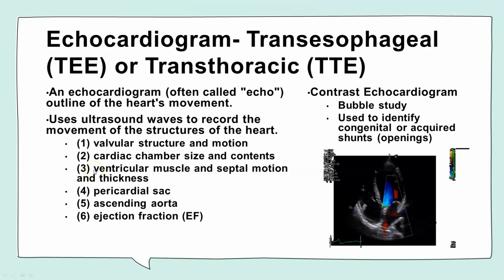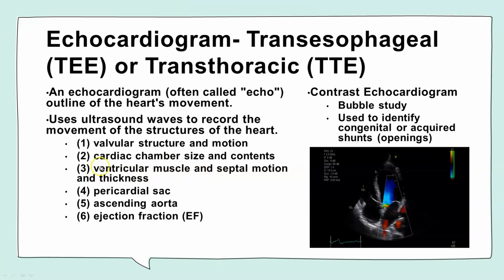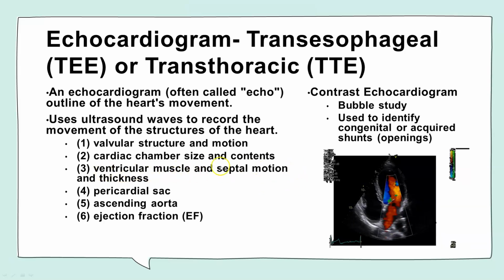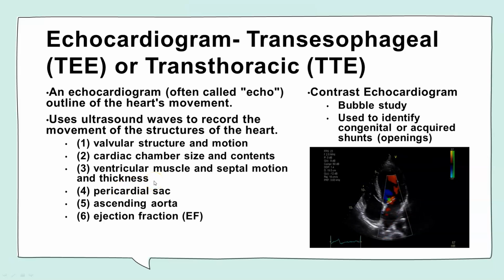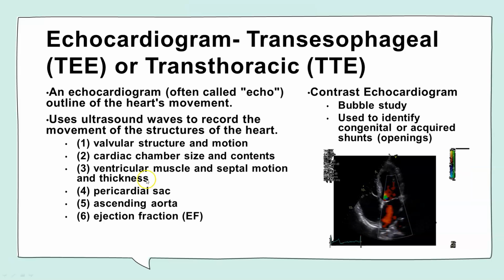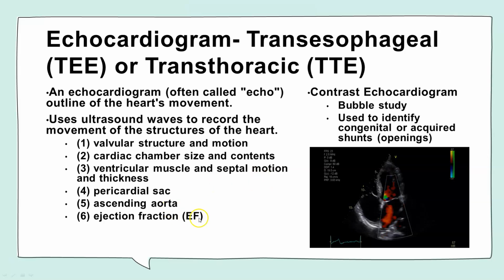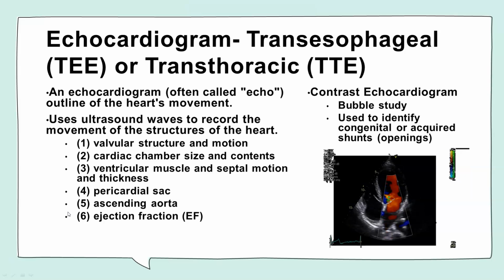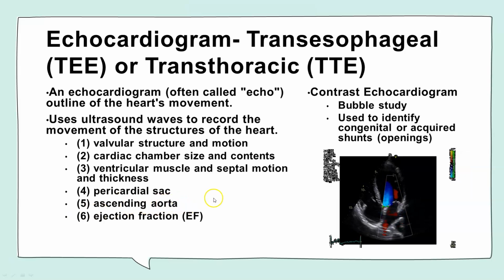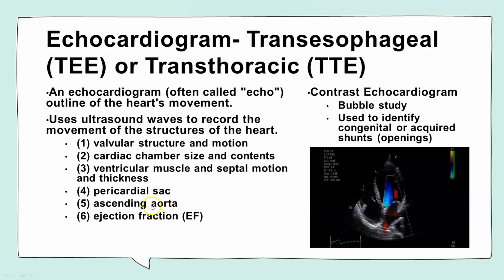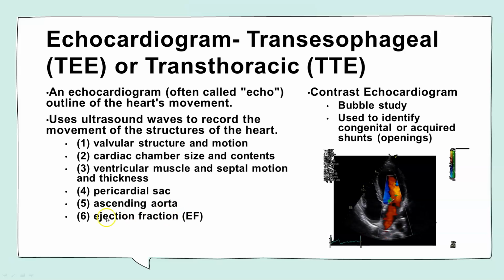If you have any kind of cardiomyopathies that involve an enlargement of the ventricular muscle, I can see that, as well as the septal motion and thickness, so the myocardium that's separating the left and right ventricles, and the left and right atrium. I can take a look at the ascending aorta. If I think there's a problem with a stenosis or something, I can check it out there. I can make sure that you don't have any impediments in the ascending aorta. And again, we said we can look at our ejection fraction.